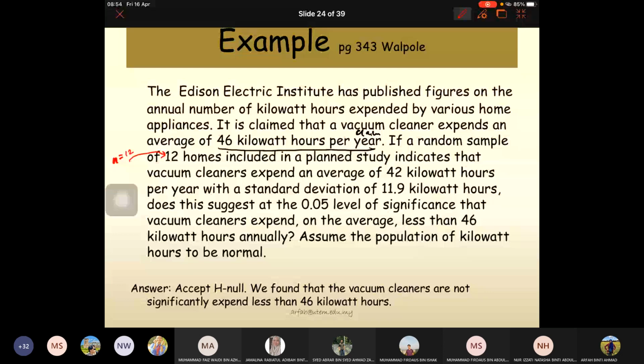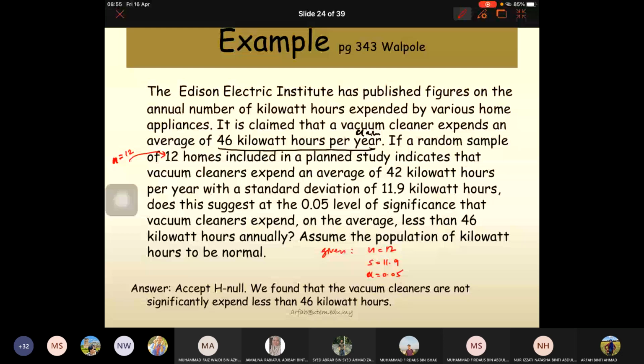Sample mean 42 kWh per year. Standard deviation equal to 11.9. Significance level 0.05. That the vacuum cleaner expend on the average less kilowatt hour. So ini yang kita nak test.